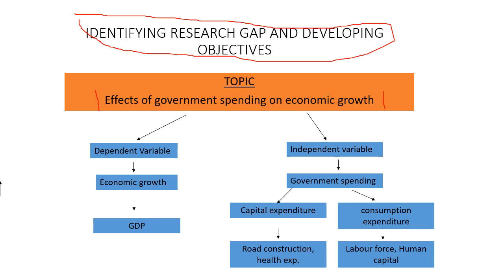Three, we can also look at the theories. Are the theories outdated? Are they modern ones? Do academics have issues? Have they criticized it? Have they come out with new models? Now you do a comparative analysis.